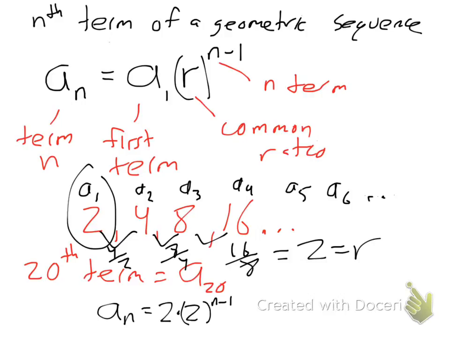That formula now will let me find any term I want, whether it's the 20th term or the 5,000th term. All I need to do then is a sub 20 is 2 times 2 to the 20 minus 1. Wait a minute, what's 20 minus 1? 19. Take your calculator out. 2 to the 19th power times 2.